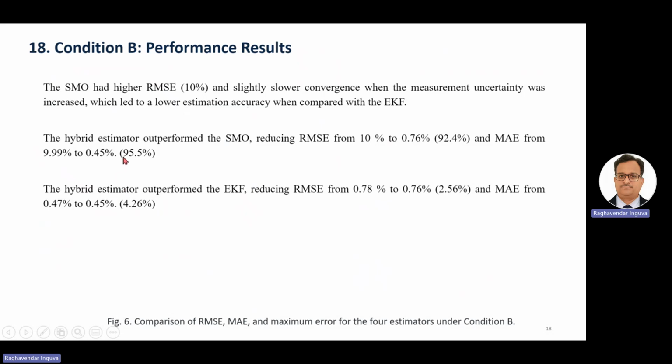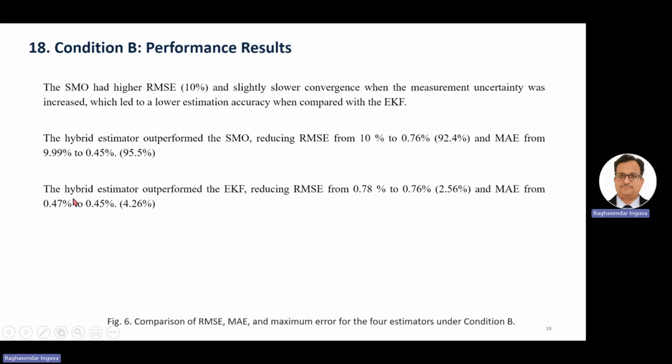So the hybrid estimator has outperformed SMO by reducing the root mean square error from 10% to 0.76, which is about 92.4% of reduction, which is considerably very, very high. And MAE from 9.99 to 0.45, which is a 95.5% reduction. So definitely from these statistics, we can clearly say that the hybrid estimator is outperforming SMO. So SMO is in no comparison under condition B, harsh conditions.